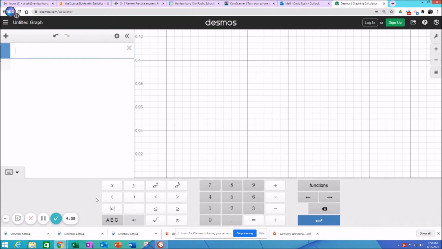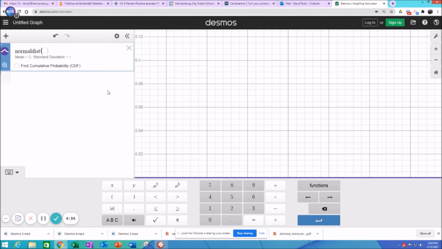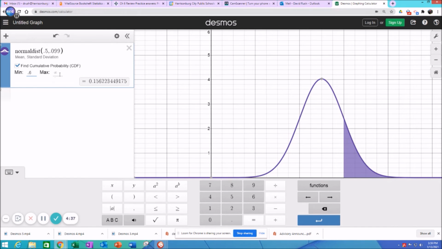Okay, because of CLT, we know it's approximately normal with a mean of 0.5, standard deviation of 0.099. Okay, and I want to find the probability of 0.6 or more, so from 0.6 through infinity. Okay, gives me a probability of about 16%. So I get 0.16 is that probability there.